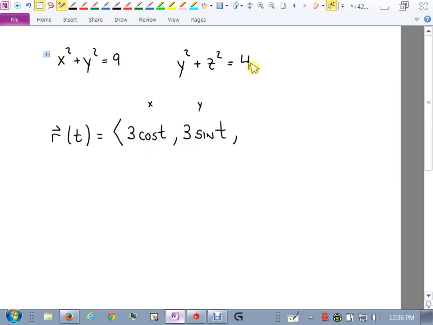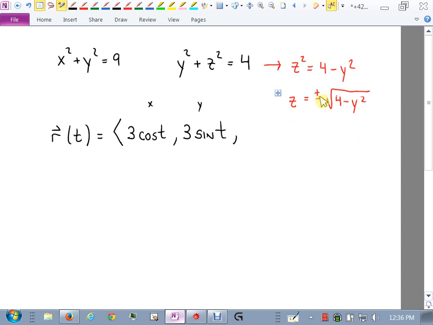But the z needs to satisfy this equation, right? So what I can do is I can come over here and solve this for z by just isolating z and now taking the square root. Now I will have plus or minus because I'm taking a square root. So I know what my z coordinate needs to be, right?